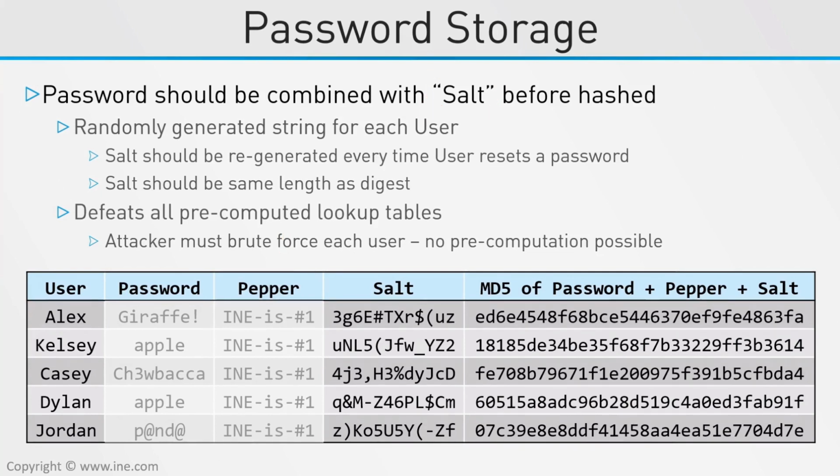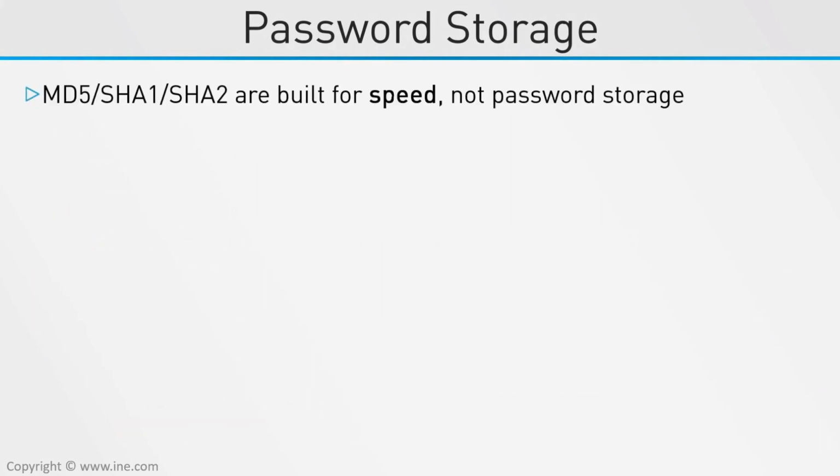So the first rule of password storage is always only store a digest of the password. The second rule was combine it with the pepper. The third rule was use the salt, which finally brings us to the fourth rule of password storage, which has to do with which hashing algorithm you choose to use. And we've been using, as an example, the hashing algorithm of MD5.